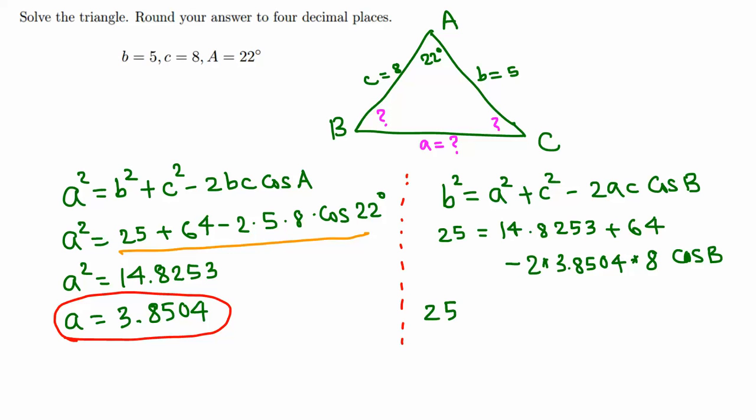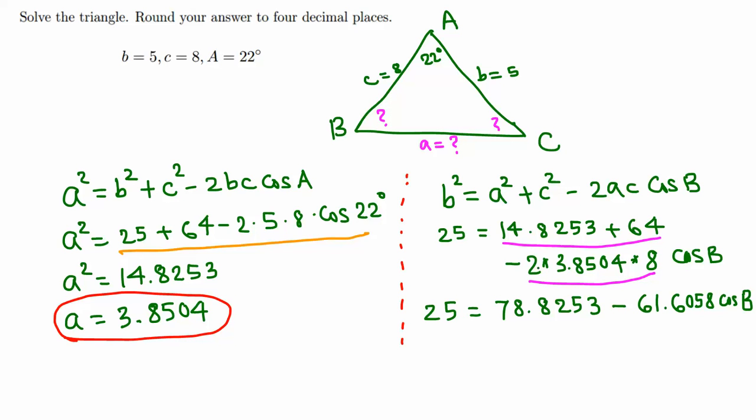So 25 equals, these are two numbers, so we can add them: 64 plus 14.8253 is 78.8253, minus, let's multiply these three numbers, cosine B.